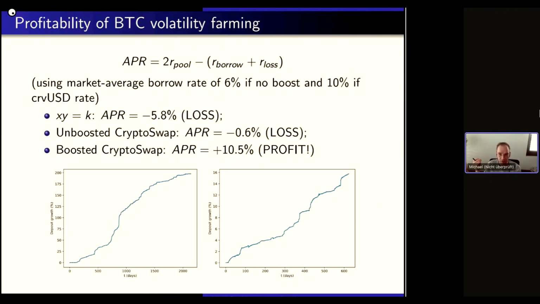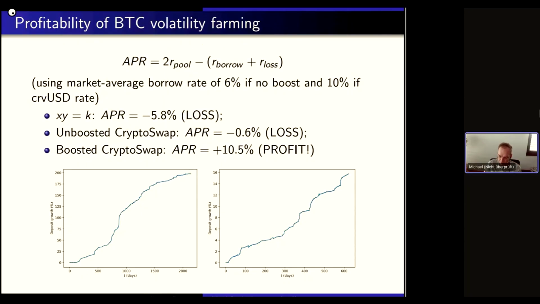I'm actually doing it not manually. I developed a special AMM which keeps the leverage constant, so it makes compounding leverage of everything you put in there, and I'm putting in the liquidity of Curve pools.